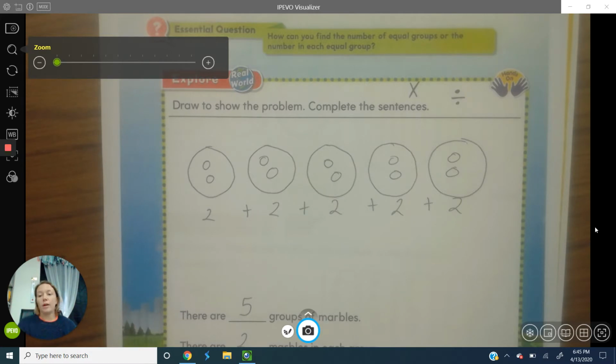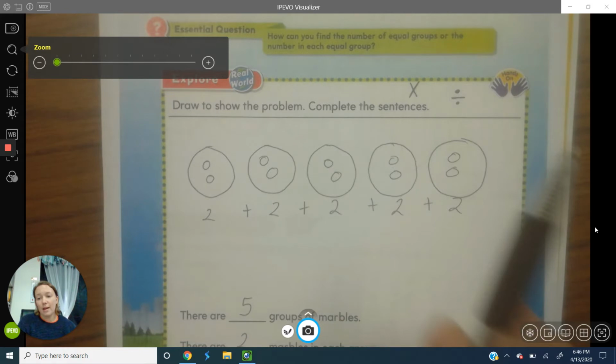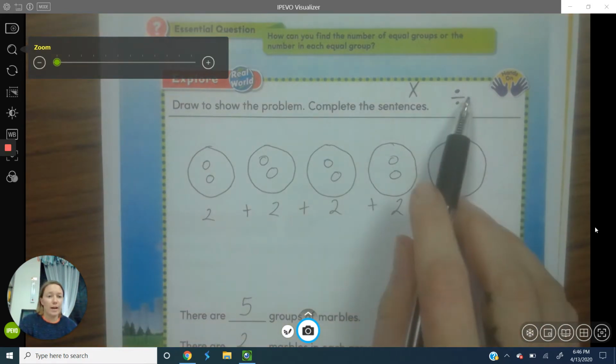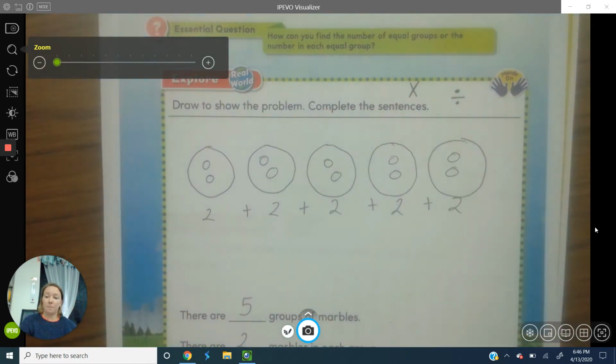Think about it like you're playing cards with everybody. Normally you pass out one to one person, one to the next person, so that everybody has the same amount of cards. Using that as an introduction to division. And the sign for division is a line with a dot above it.